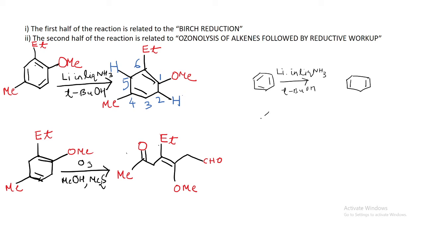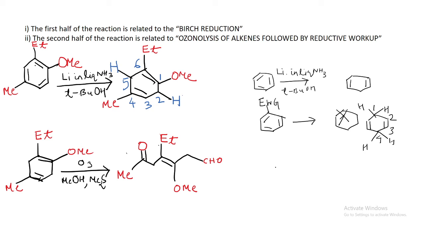the product. So if in the aromatic ring there is an electron withdrawing group, then addition of protons takes place in the 1 and 4 position.